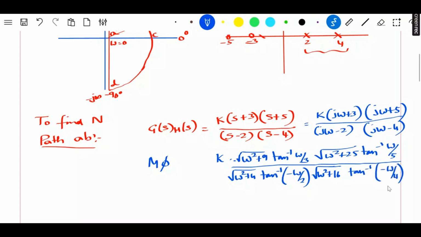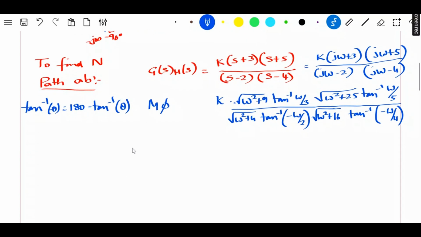These are the angles which we normally take. Now, tan inverse of minus theta equals 180 minus tan inverse of theta, which is what we normally take. So I put all the magnitude parts separate and all the angle parts separate.